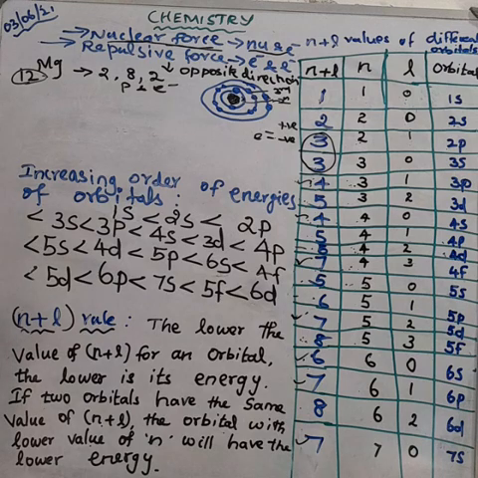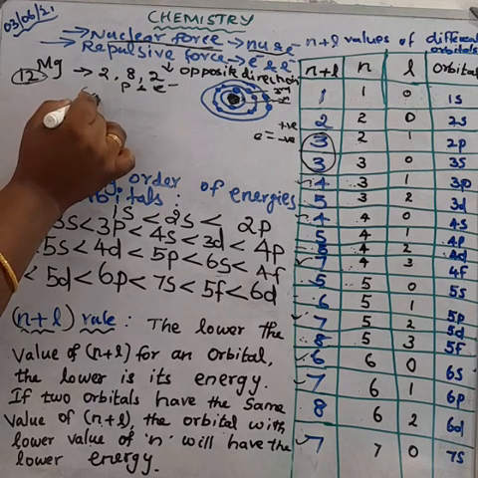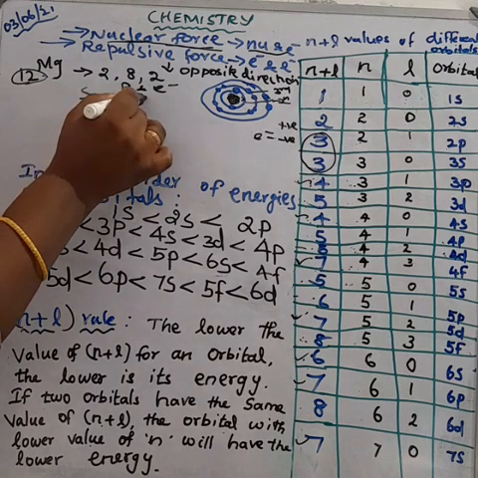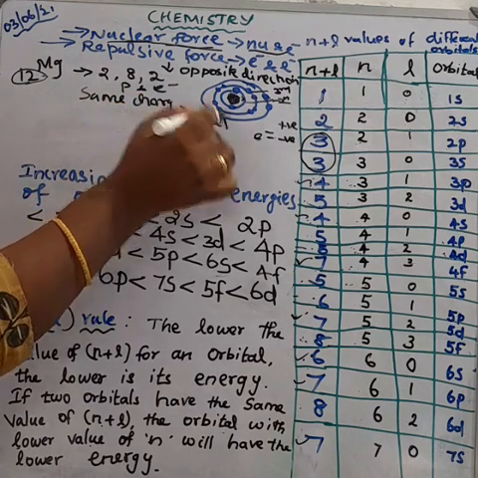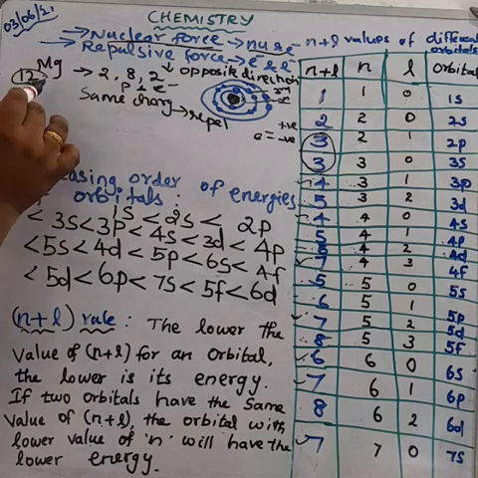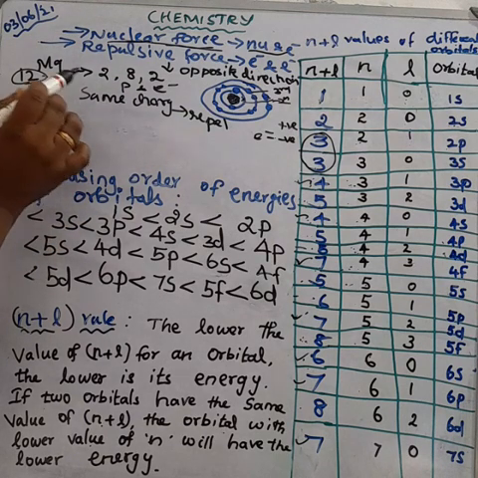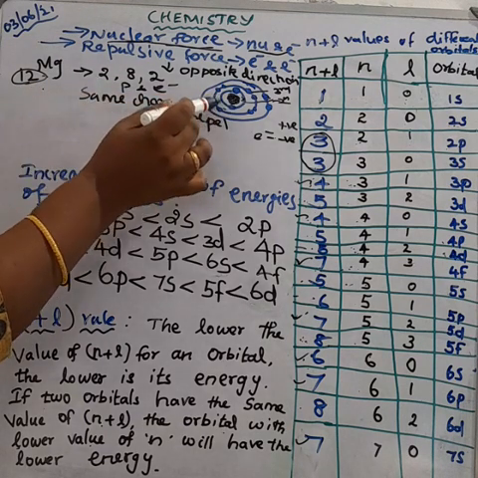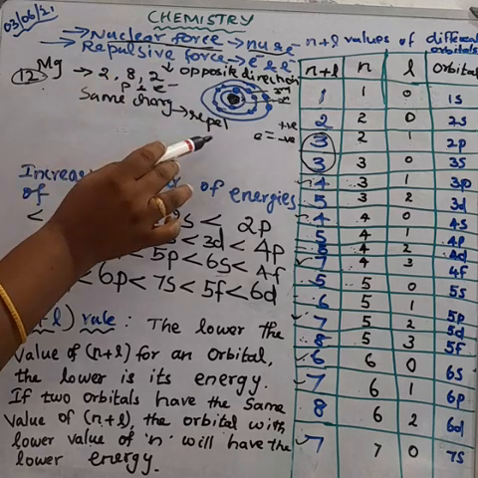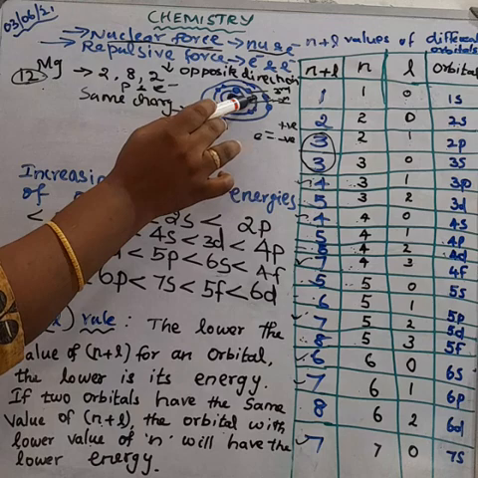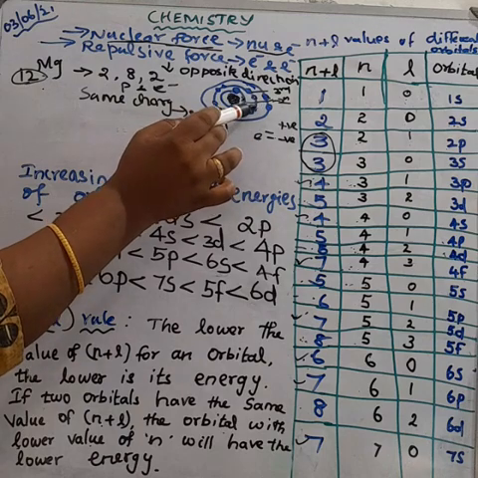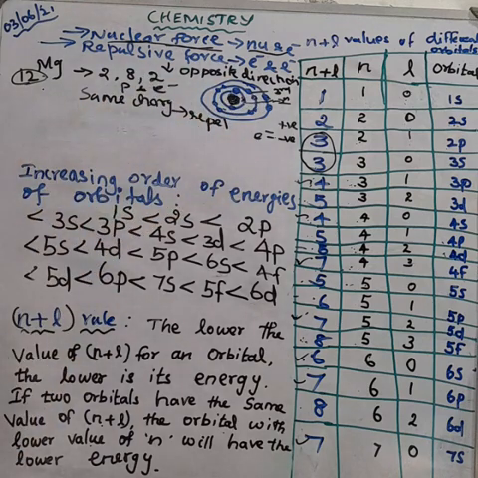Already we studied that same charges always repel each other, and opposite charges only attract each other. Here in the magnesium atom, the nucleus attracts the second and third shell electrons, but there also exists a repulsive force among the first, second and third shell electrons.